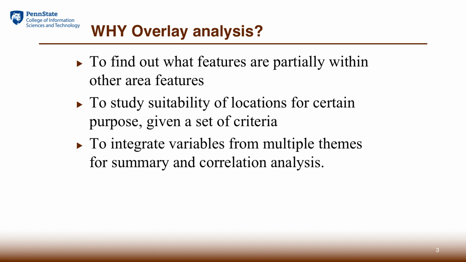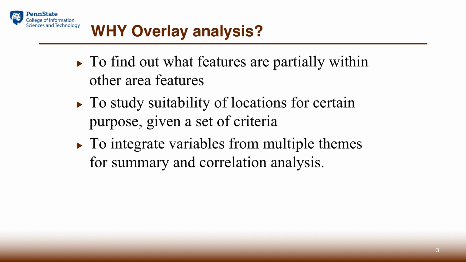Another kind of application for overlay analysis is what we call the suitability of a particular place or location for a certain kind of application. Maybe we're looking for a new development of commercial activity, and that activity needs certain conditions.